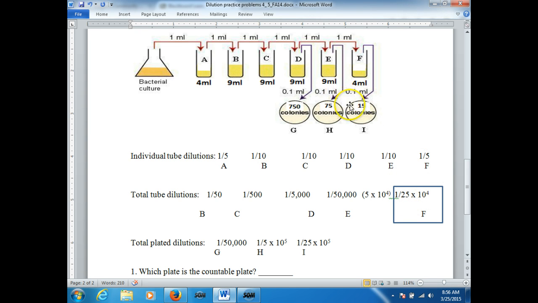Because we are only taking a tenth of a mil out, instead of an entire mil, our dilution factor is 10 times greater, so we always multiply by 10. Since I have it in exponent form, I just increase the exponent by 1. So the F one is 4, because you said it was 5. This one's 4.